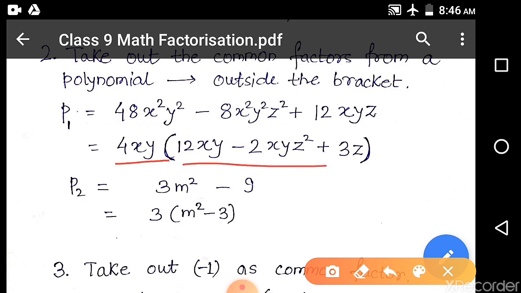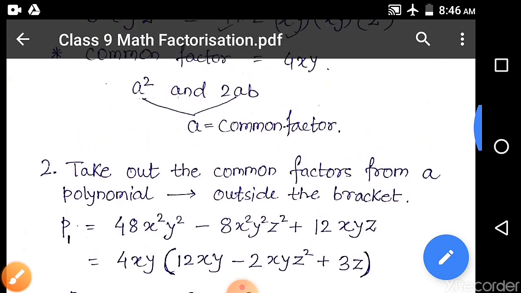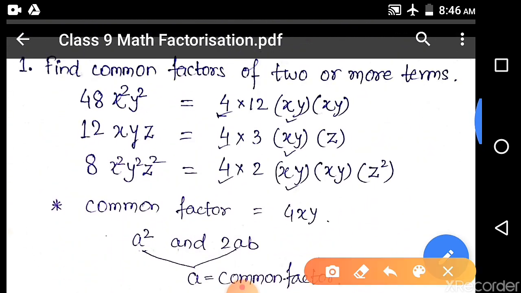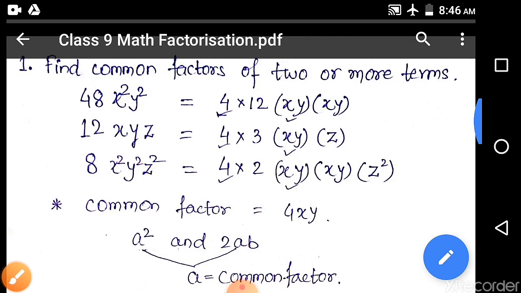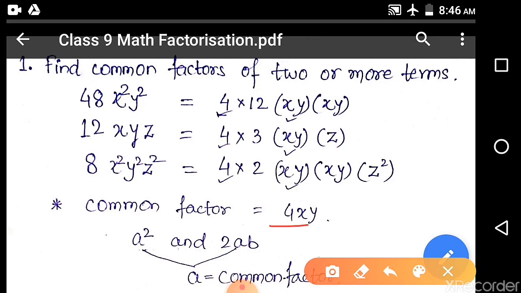So now we can take out the common factor 4xy outside the bracket, and see what is left inside the bracket. We go to the first example again. When 4 is taken common and xy is taken common, 12xy is left. For the second term, 4 is taken common and xy is taken common, so 3z is left.